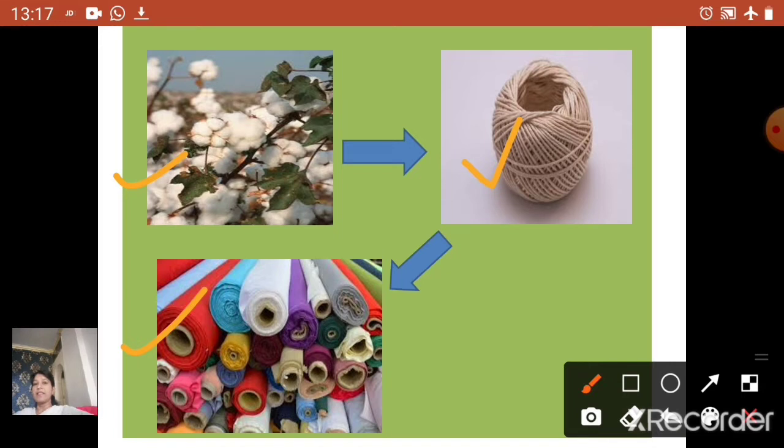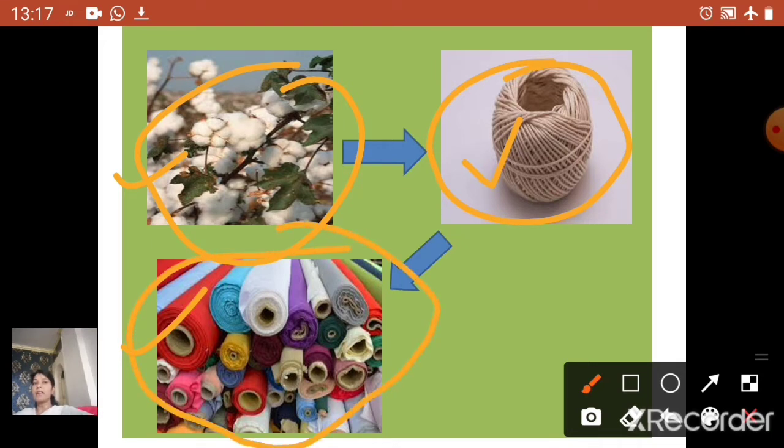Yes, they are rolls of cloth. So children, can you tell me how they are related to each other? Yes, we obtain cotton from cotton plants, and cotton is used to make cotton yarn, and cotton yarn is used to make cotton clothes. Very good.